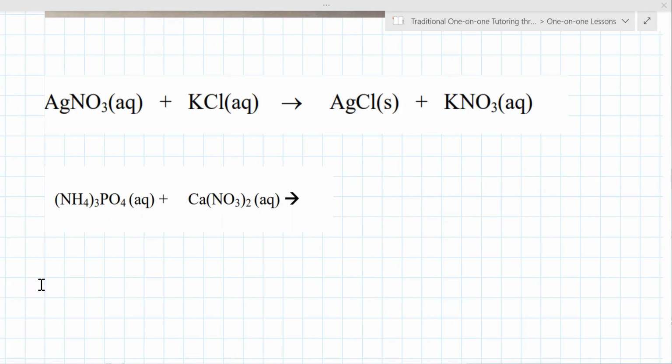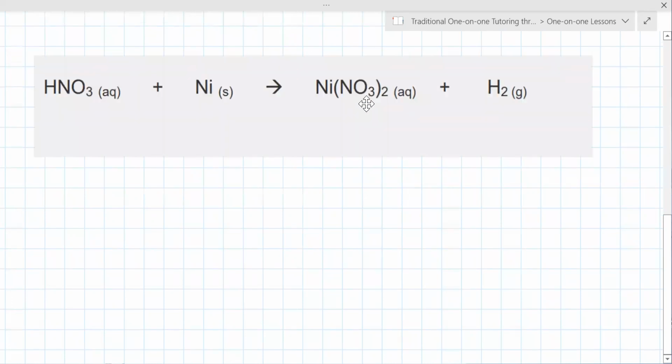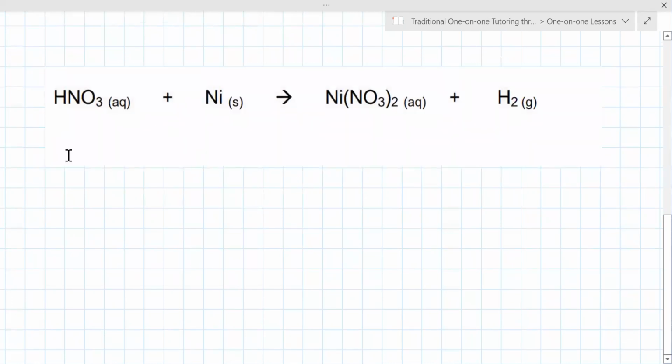Okay, so let's look at another one here. Hopefully this will be a winner. All right, here's an equation. You look for something that stands out, something kind of extreme. I noticed there's two H's, which jumps out to me.